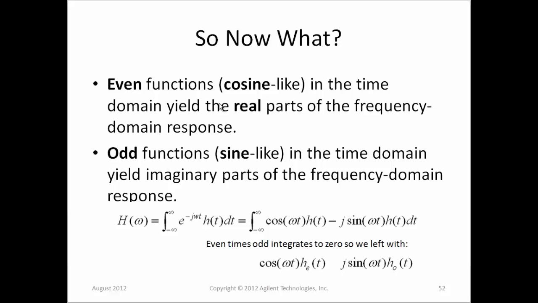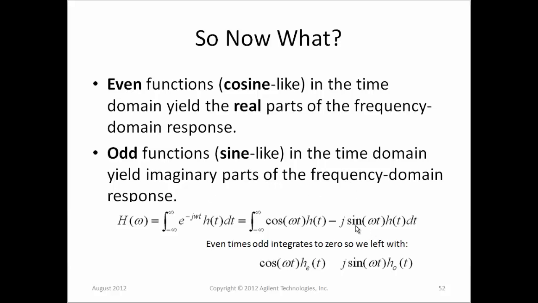So now what? Well, the even function, which was cosine-like in the time domain, yields the real part of the frequency domain response. If you remember the definition of the Fourier transform, it's the cosines that give the real part of the frequency response. The odd part, which is sine-like in the time domain, yields the imaginary part of the frequency domain response.